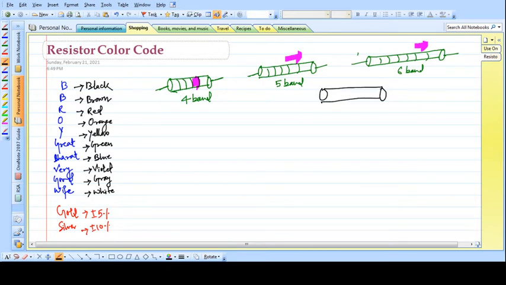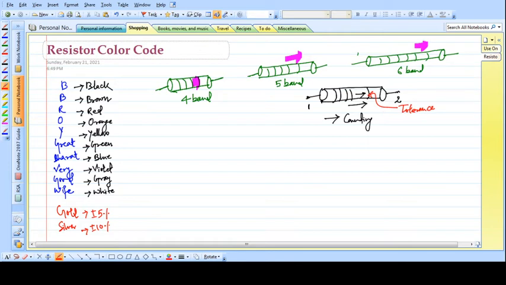In most of the time you will see one band is slightly away from the other bands. If it is four band, not an issue. One band is slightly away, so we have to think this one is point 1 and point 2, and we have to start the counting. In general we can say this one is our tolerance band.